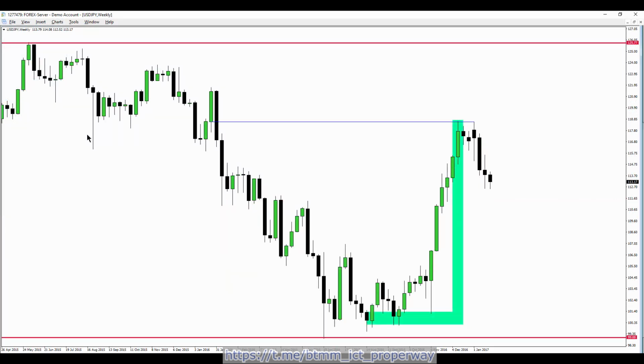Okay, here's the same dollar yen, just in a weekly format. You can see here we have an up candle right before the down move. That's a bearish order block, so we're mapping that opening out over to here. The reason why I'm using the open on this candle, not the wick, is because there's an absence of a gap. We have a wick here and the market traded down through here.